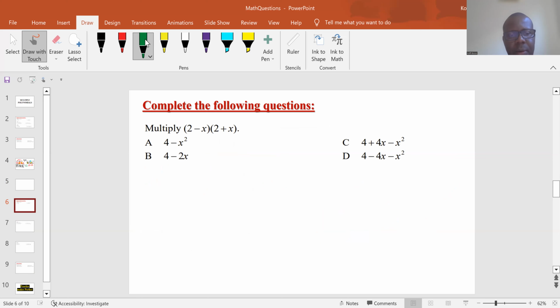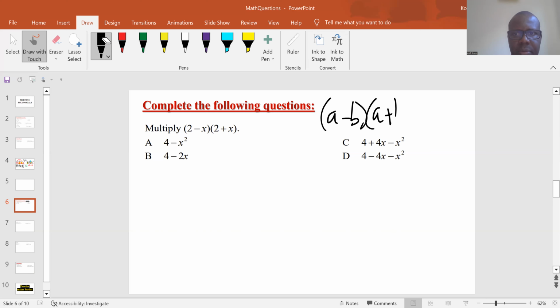We can use the distributive law again here, but there is a quick property. And that property says what? Every time we have a minus b times a plus b, this is a squared minus b squared.